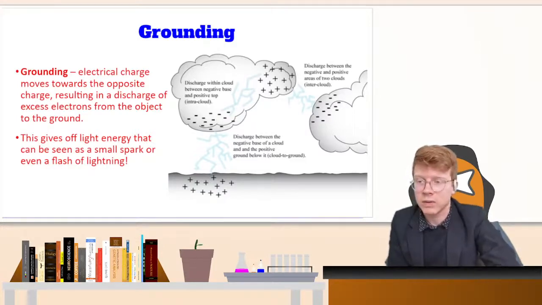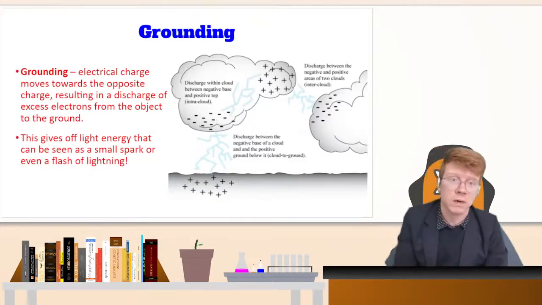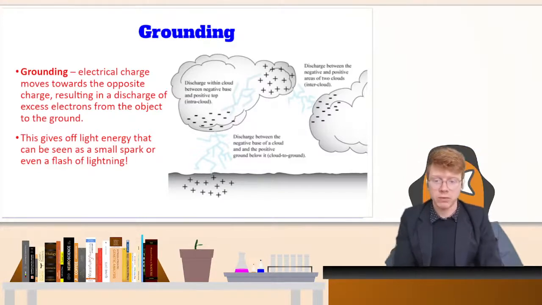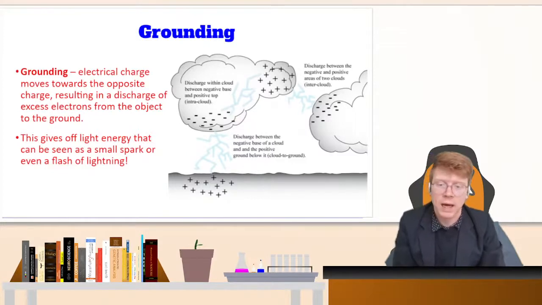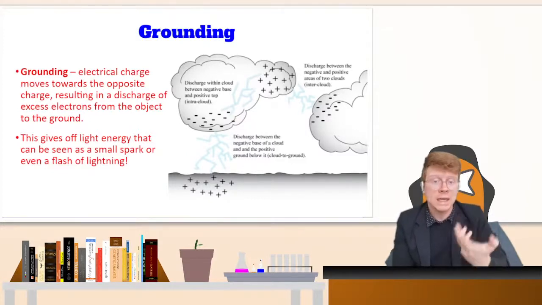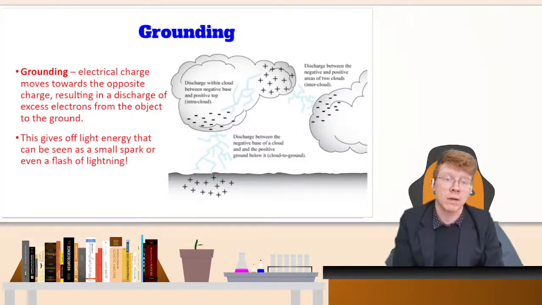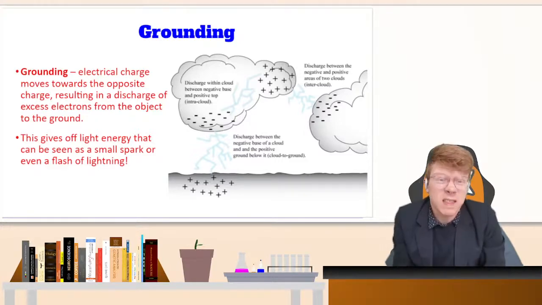Okay, so our next thing we want to talk about is grounding. Grounding occurs when you've got a difference in charge. Usually you've got a static charge that's built up, or in the example of current, that could be the same thing. And then you connect it to a large source of charge, so essentially the ground.